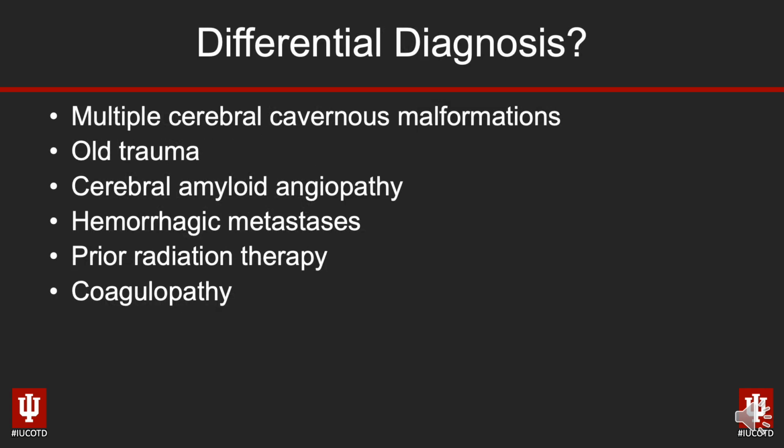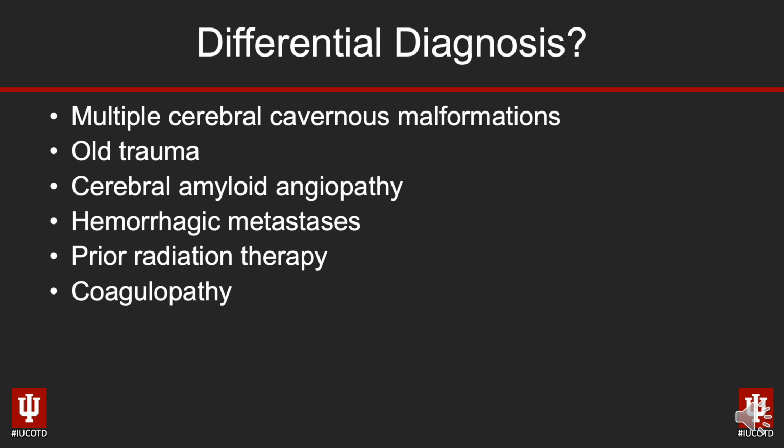So when we see those multiple foci of susceptibility, the differential diagnosis would include multiple cerebral cavernous malformations, and certainly whenever we see multiple, we wonder about syndromic things. But there's other things that we need to be thinking about as well.